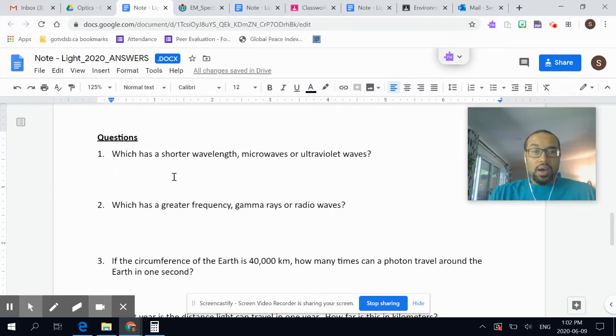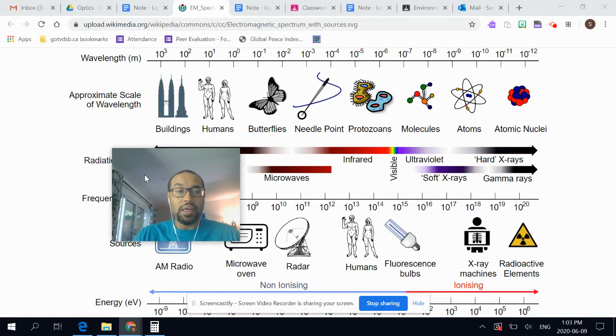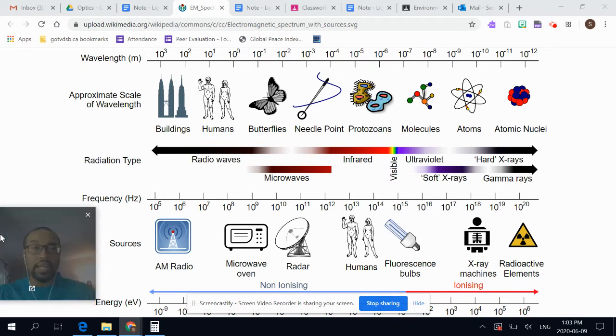So, which has a shorter wavelength, microwaves or UV? Well, to answer that, I will go to that electromagnetic spectrum that I posted on the classroom. It looks kind of busy here. There's a lot of information. The most important things are the wavelength that you see at the top here. This wavelength is measured in meters.